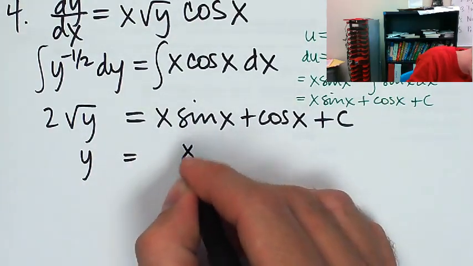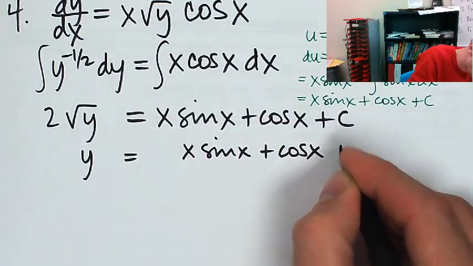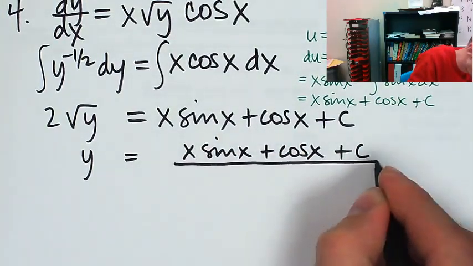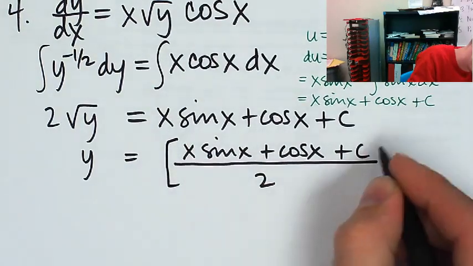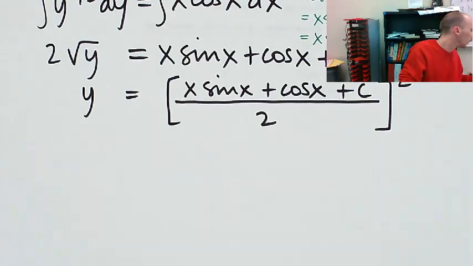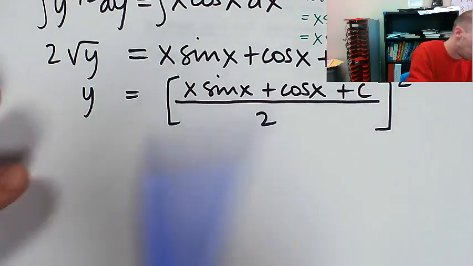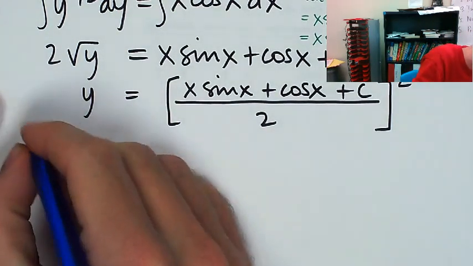So I'm going to call this x sine x plus cosine x plus c, divided by 2, all taken to the 2 power. And now I've got f of 0 equals 4. So maybe I'll get another color. I'll come over here and try to find my value of c.